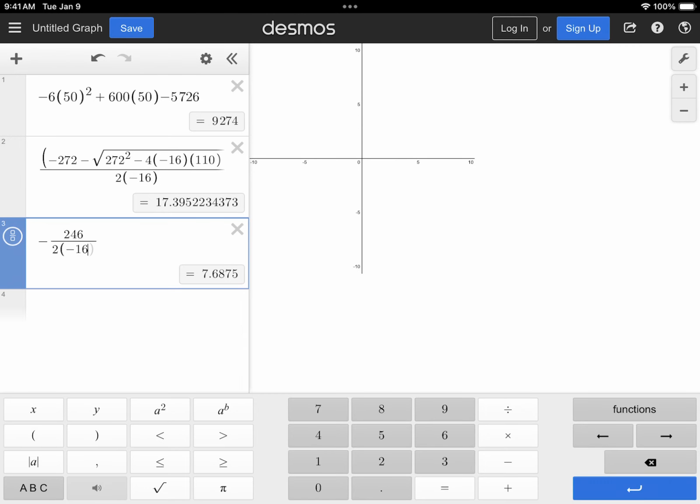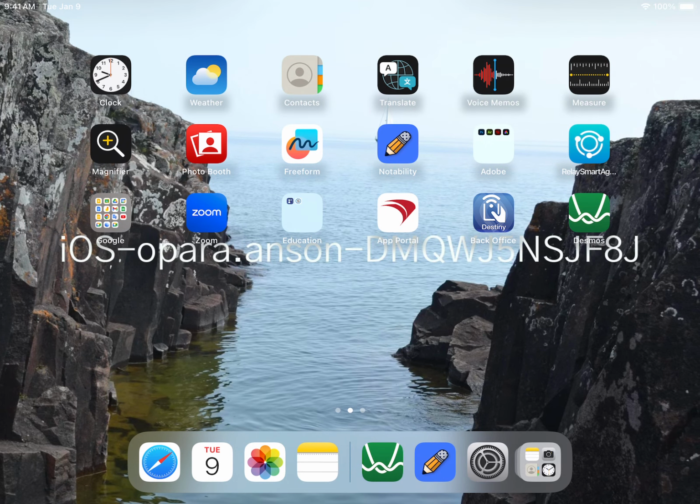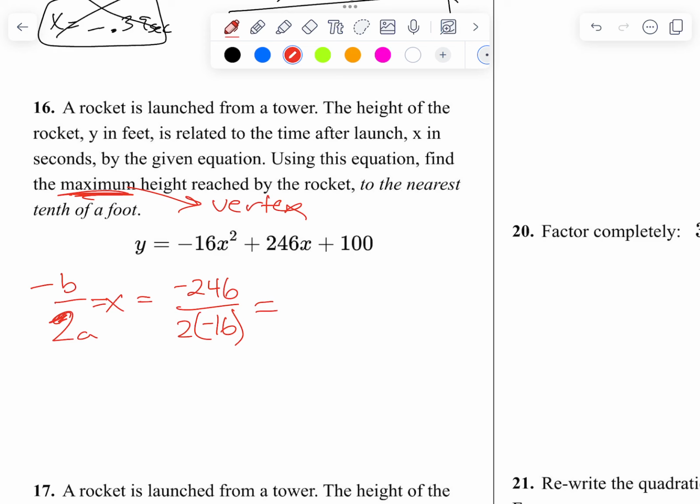I get 7.685 seconds. So 7.6875 seconds. So to figure out the answer, I have to plug it in for x. So I'm going to plug this number in for x.